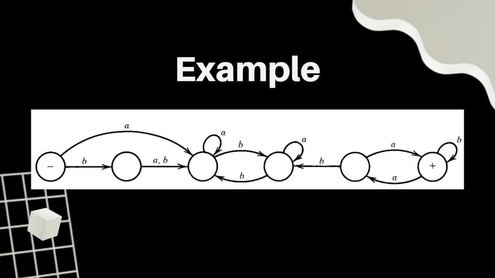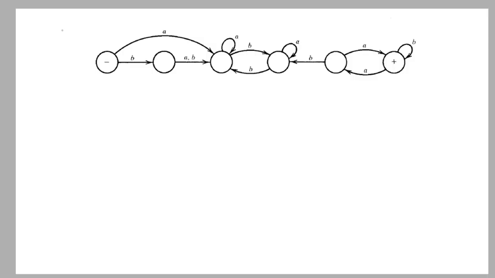Let's illustrate Method 2 with an example to see how it works in practice. First, paint the start state blue. Then, trace the edge from the blue state and paint the connecting states blue. Then, delete the edge from the machine.